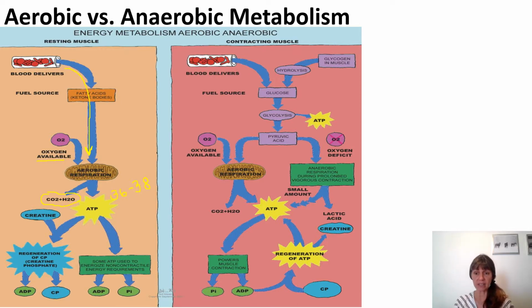Our bodies do not store adenosine triphosphate. We can store a tiny little bit. However, most of it has to be used, and a lot of it does get used. We have many non-contractile energy requirements in our cells, which include the sodium-potassium pump, active transport in the form of endocytosis, exocytosis.